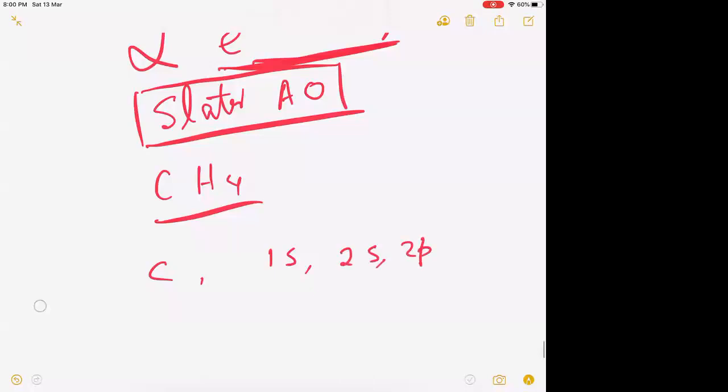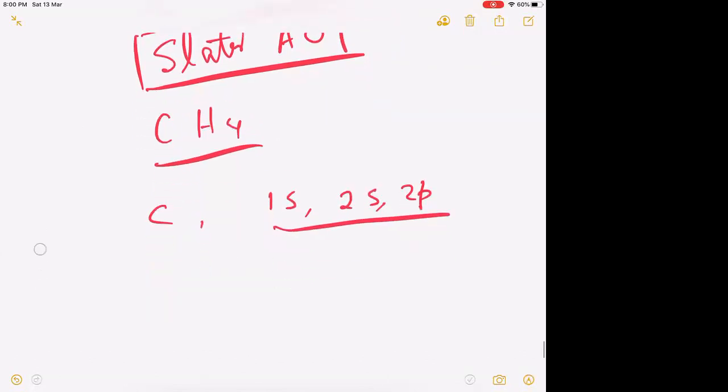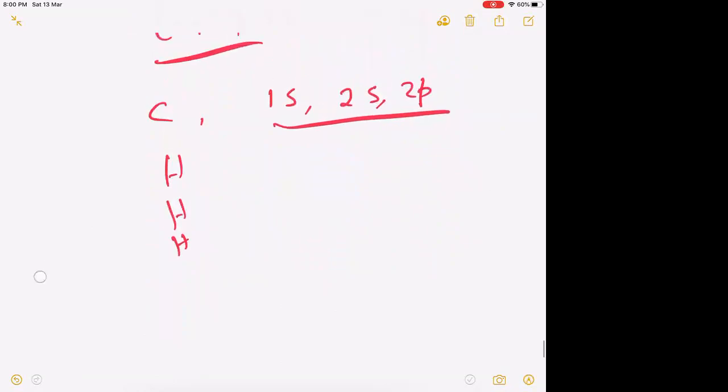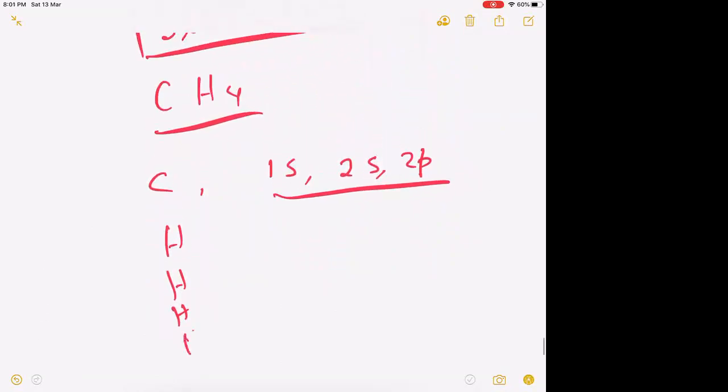I think all of you will agree, because the carbon atom has 6 electrons, and the atomic structure is 1s squared, 2s squared, 2p squared. So at least this much I have to take. For each of the 4 hydrogens, I have to take at least a 1s, each of them 1s.